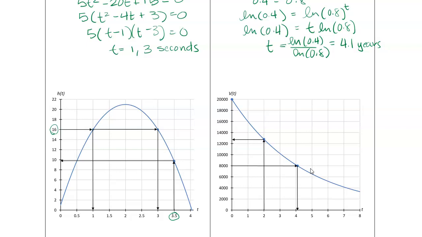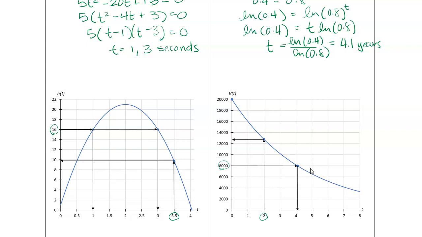Whereas if I graph the depreciation problem, the value over time is just a decreasing function. I give it a time and I get exactly one value. If I know a value, I get exactly one time. So this function for value would have an inverse, because the inverse would be a function.